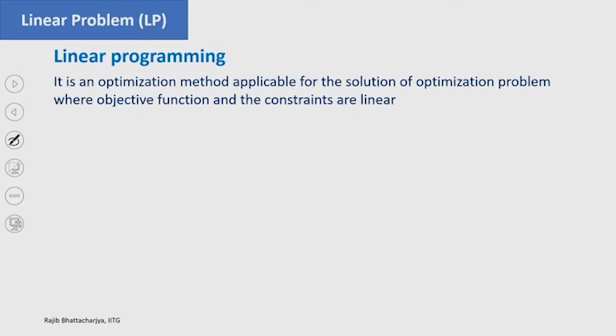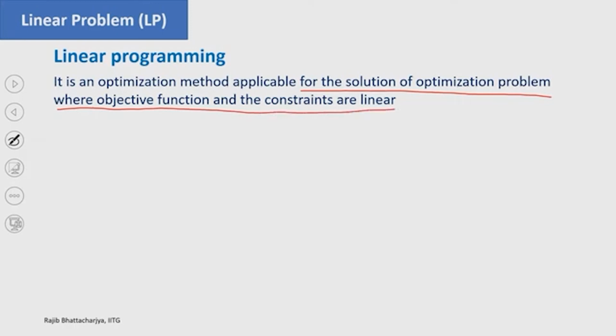Now, what is linear programming? Linear programming is an optimization method applicable for the solution of optimization problems where the objective function and the constraints are linear.